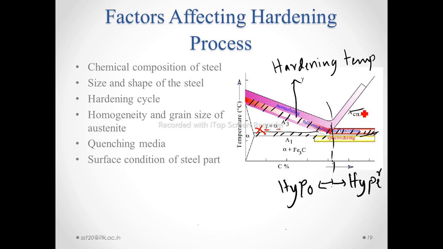So if we are heating in between these two, followed by sudden cooling, for example, if we heat just above A1, we will have the cementite particles, Fe3C, and the gamma.